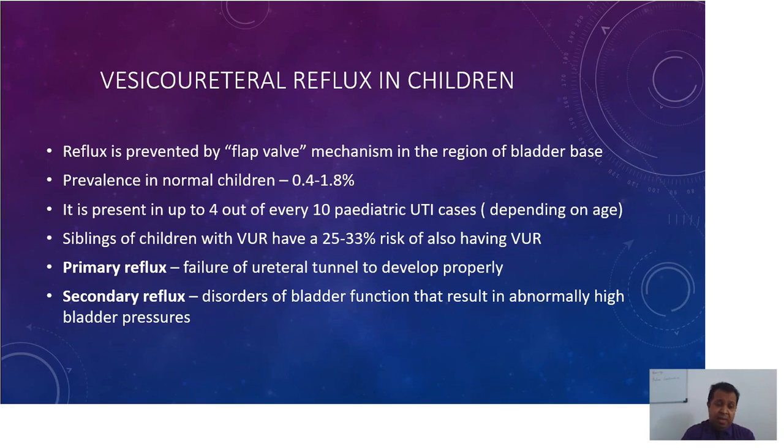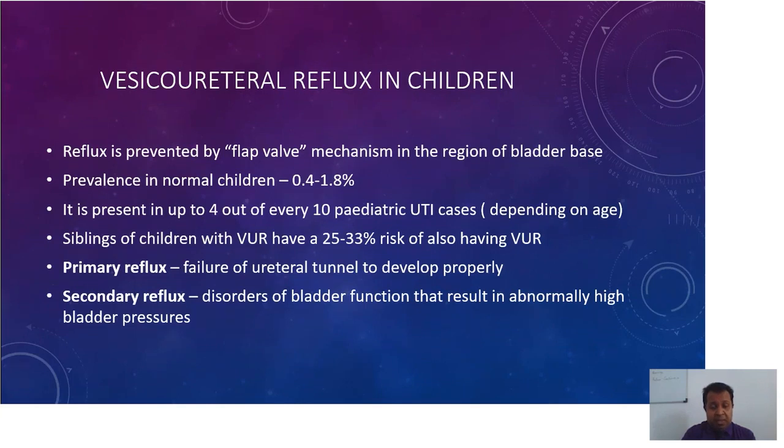If you take secondary reflux, there could be multiple causes. For example, if a child has a neurogenic bladder, it can increase bladder pressures and end up causing secondary reflux. Also, if a child has a posterior urethral valve, again he has a tendency to develop increased bladder pressures and vesicoureteric reflux.